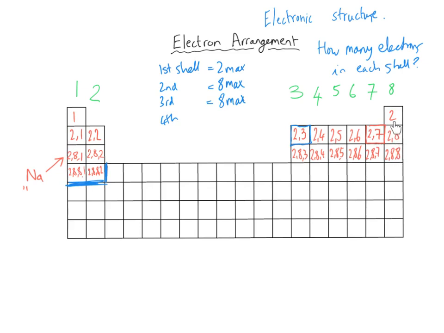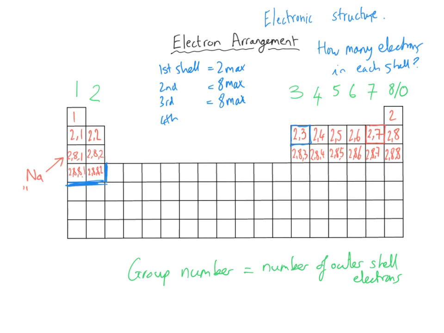But this top one doesn't, it only ends in 2, and that's because the first shell can only hold 2. So these group 8 elements have got full outer shells, but because the first element, helium, doesn't have 8 electrons in it, it only has 2, we sometimes call it group 0, with that 0 representing, amongst other things, that full shell of electrons.